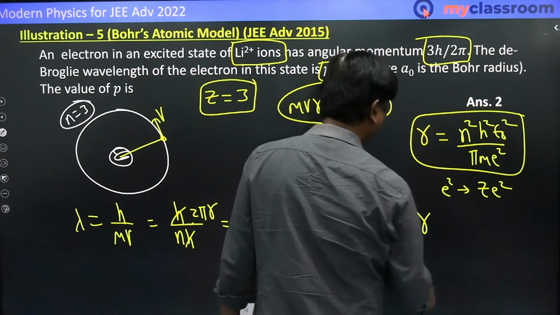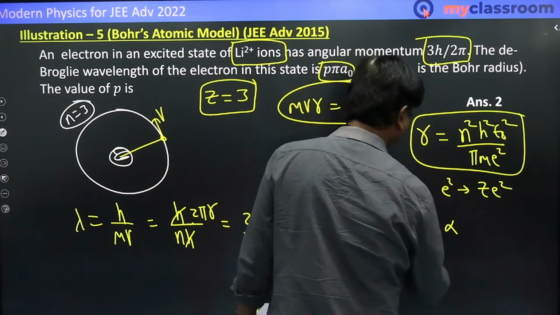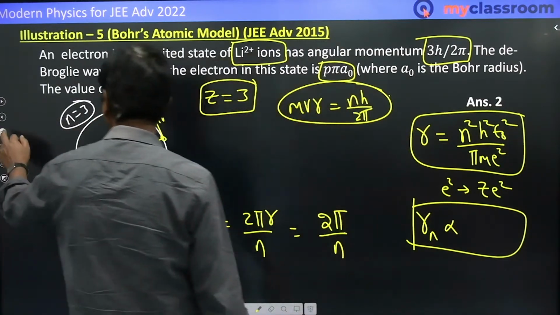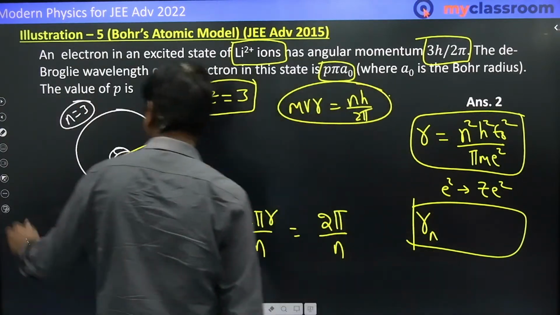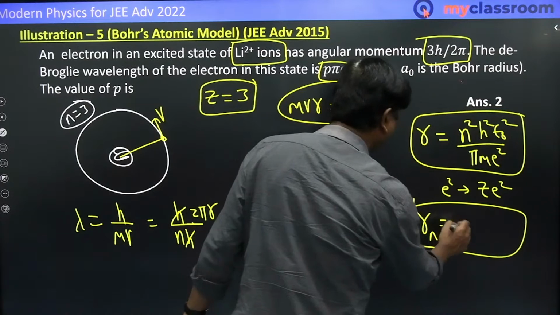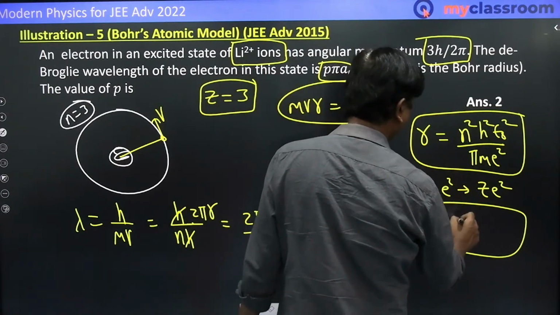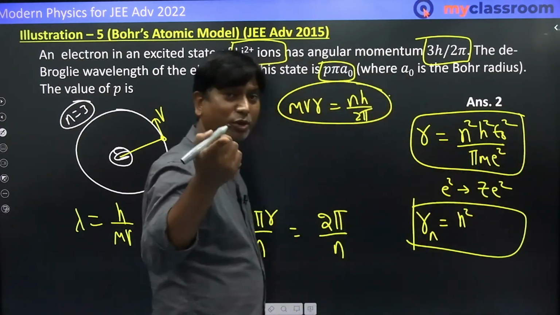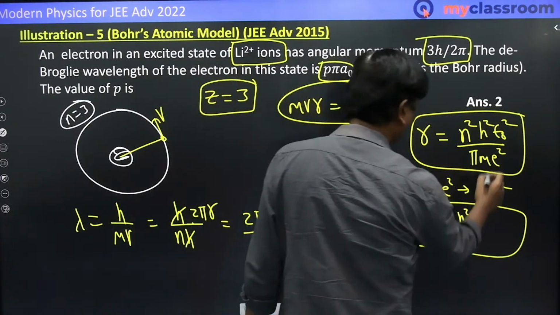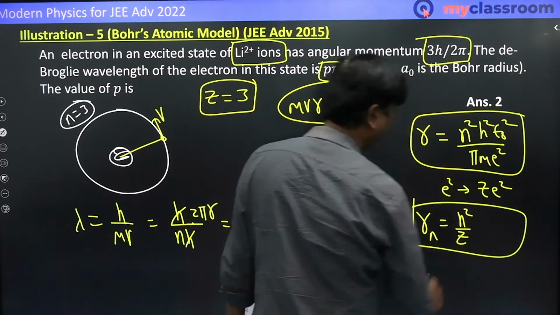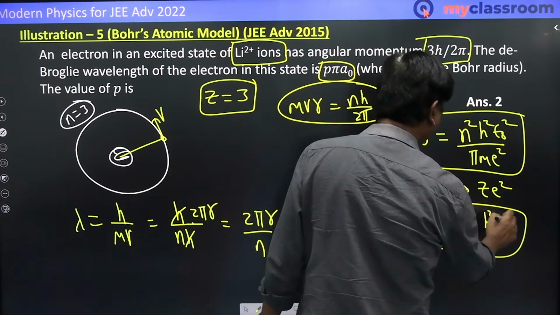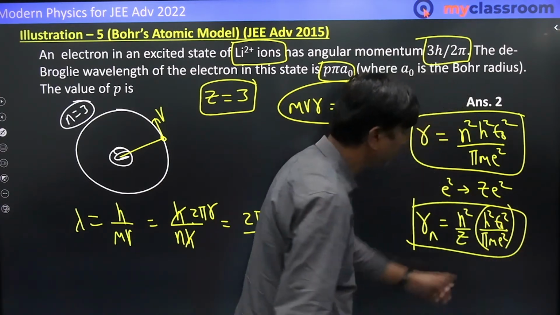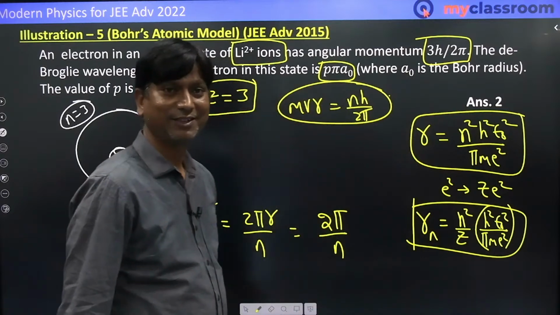So the radius of the nth orbit is equal to n square, and if you put n is equal to 1, this becomes the first orbit. With e square replaced by Z e square, Z goes here, and the remaining is h square epsilon naught by pi m e square. This is all the radius of the first orbit.